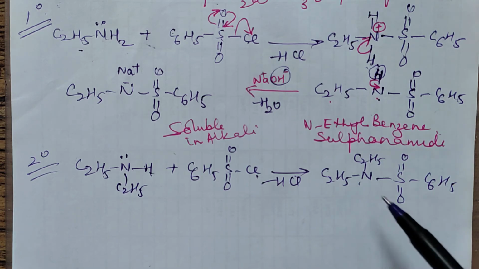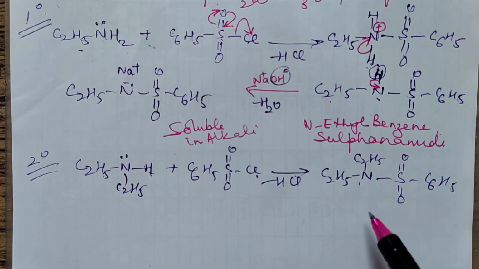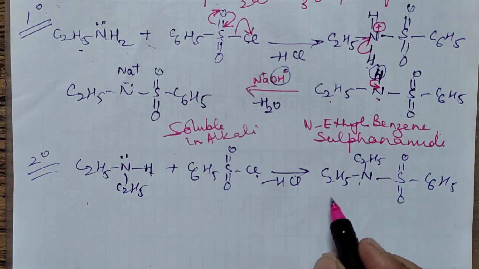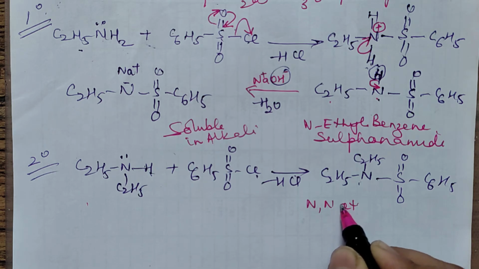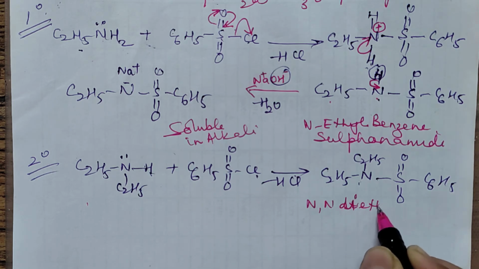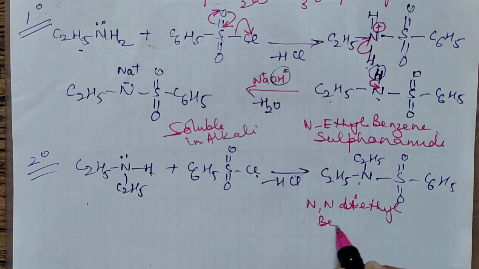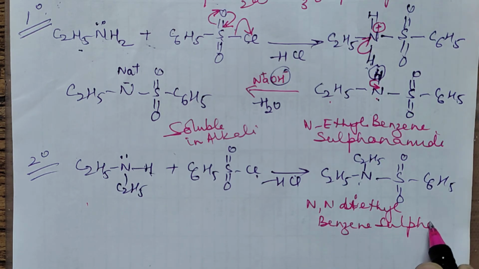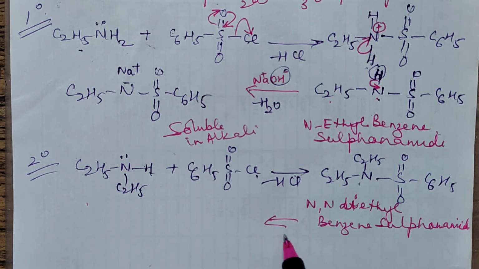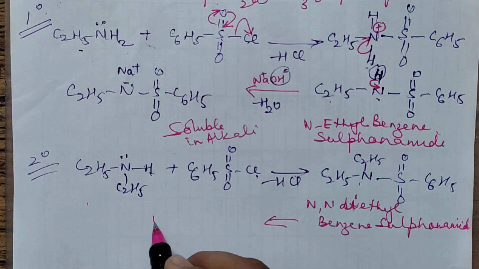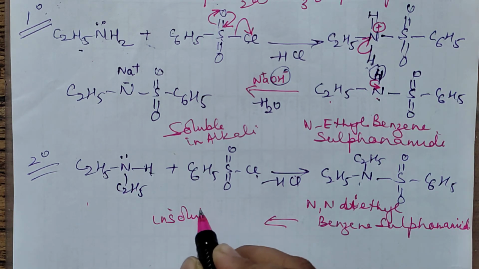Not having any acidic hydrogen means, if you make it react with the secondary amine, the product formed is N,N-diethyl benzene sulfonamide. The product that is formed here is insoluble in alkali.